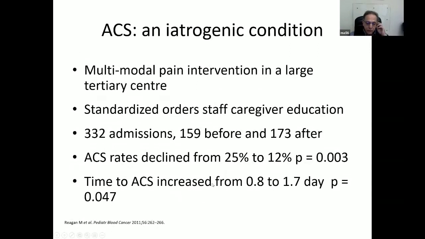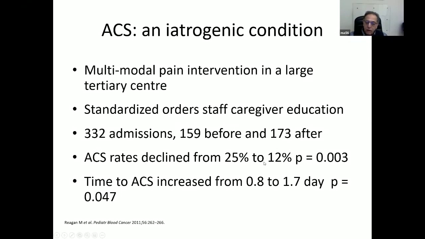And this was a study published. It has been reproduced since, and it led me to call acute chest syndrome an iatrogenic condition. And this was done in a large tertiary care center. The investigators developed standardized orders, and they provided staff and caregiver education. And they looked at 300 admissions, almost evenly split between before and after developing these measures.